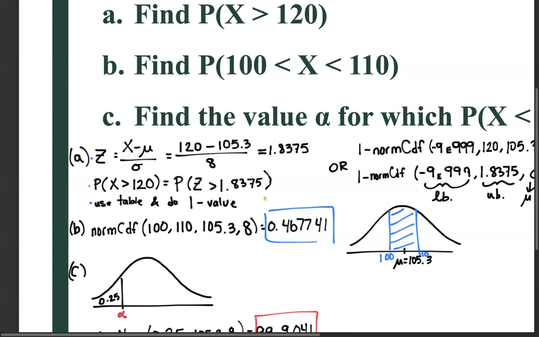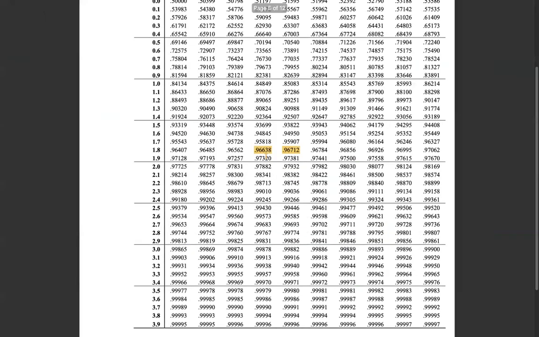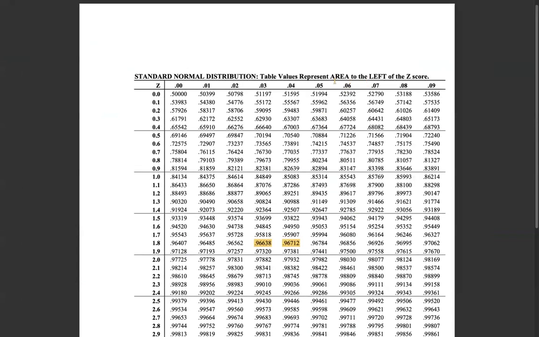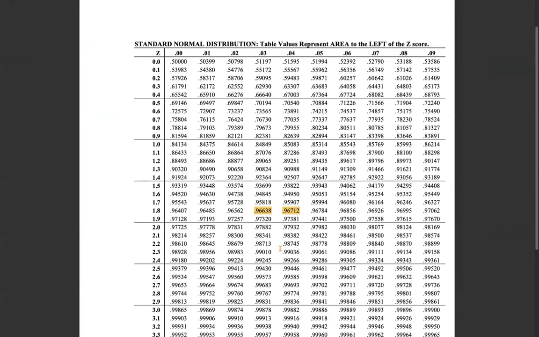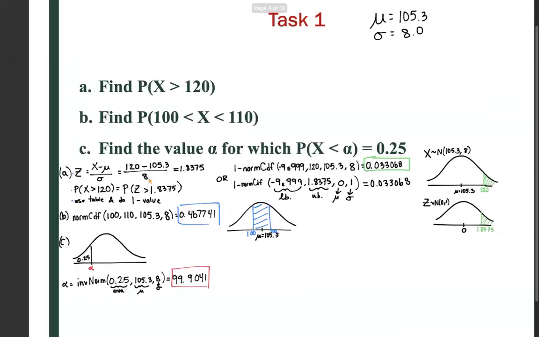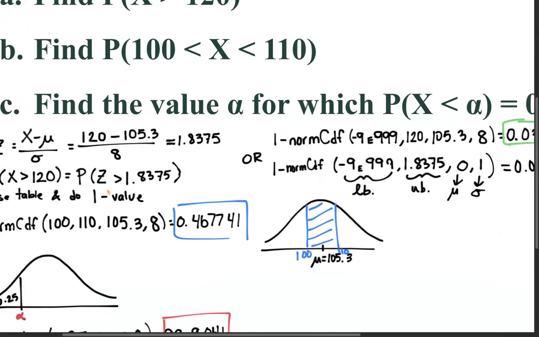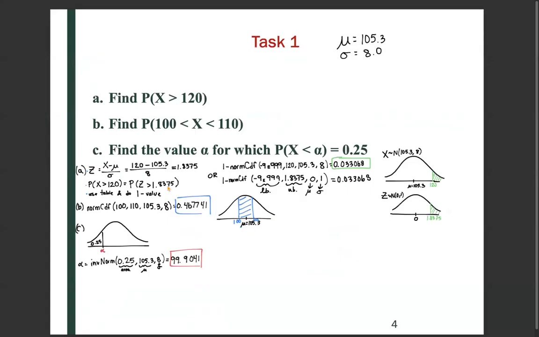And then you can use a table and do 1 minus the value. A table will look like this. The table values represent the area under the curve to the left of the z-score. So if we go back to that slide, we're interested in the probability of Z greater than 1.8375, so we would do 1 minus the probability of Z less than 1.8375, to work from the left.